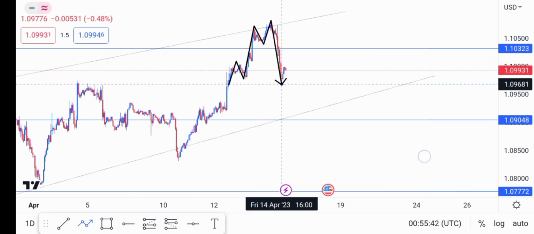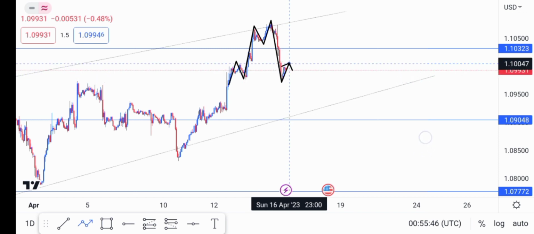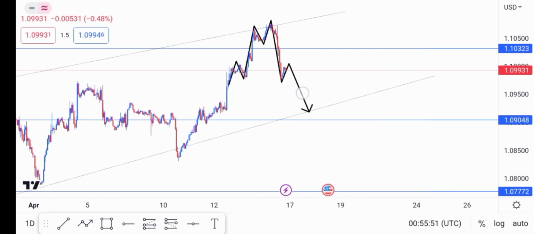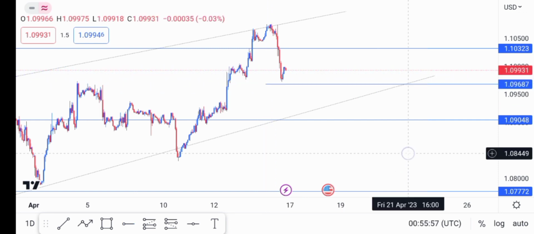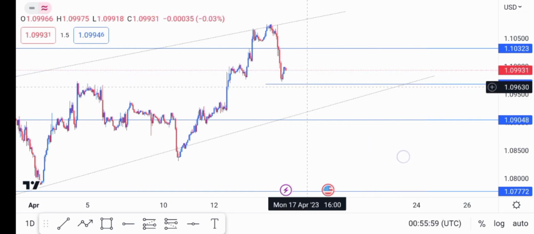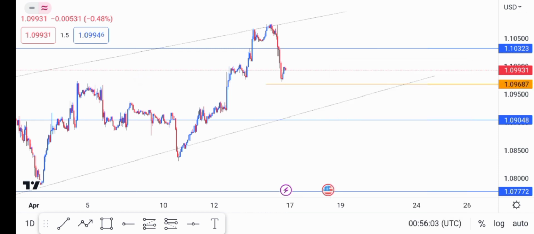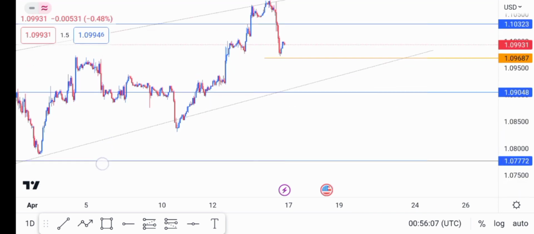It's the M, so we could anticipate a push like this up until maybe here before we push to this area here. But in order to be safe, we could just enter below this area here, but bear in mind, make sure the 4-hour candlestick closes below this level to be on the safer side, because if you just rely on the 1-hour candlestick, you're gonna get into trouble. So this is how you should trade it.